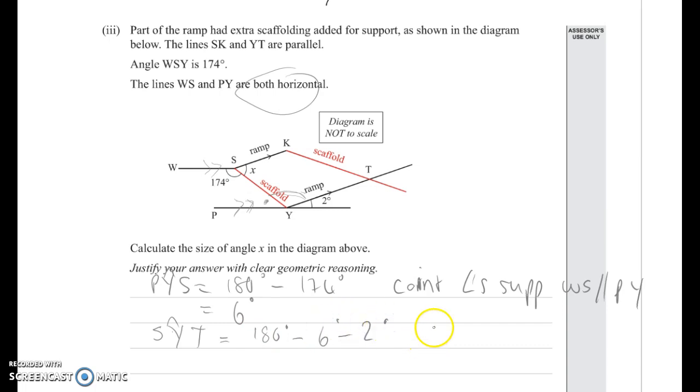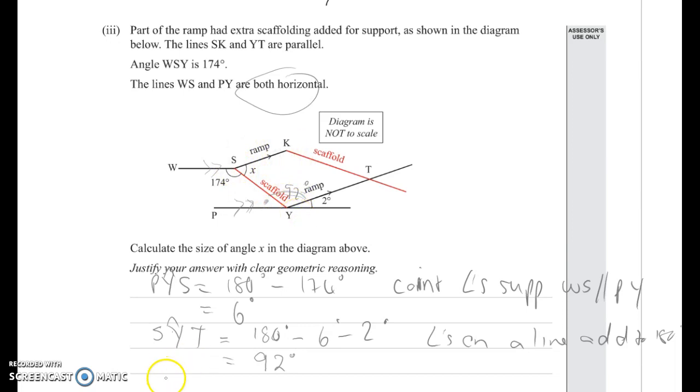And the reason for that is angles on a line add to 180, or supplementary, whichever one you want to say. So 180 minus 8 equals 92. And so this is 92.